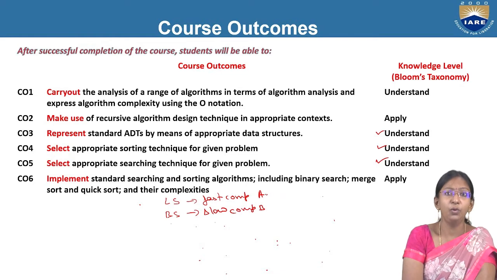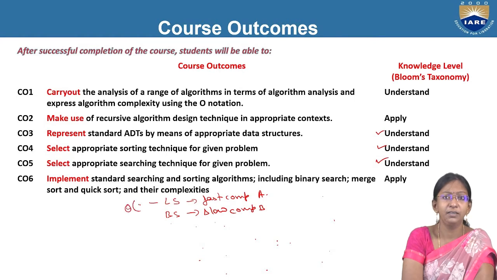Okay, and we know that the time complexity of linear search is order of n, whereas binary search is order of log n, right? Log n is much less.